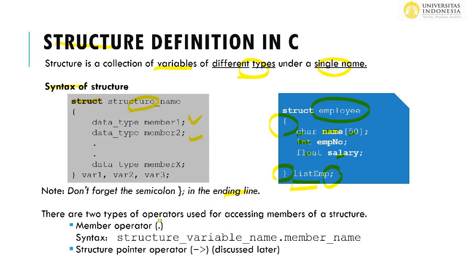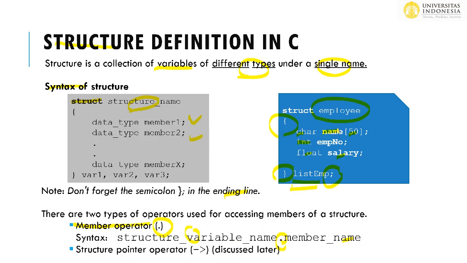And to access the members of the structure, you can see there are two types. The first one is using the member operator or dot operator. In this case, you mention the structure variable name, for example, employee, followed by a dot and the member name.